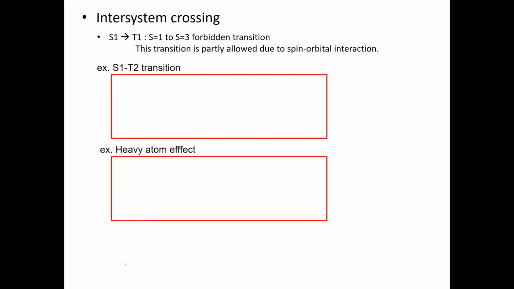So there are two main reasons why this intersystem crossing happens. The first one is the S1 to T2 transition. This is a case where one of the most famous molecules in photochemistry is benzophenone.